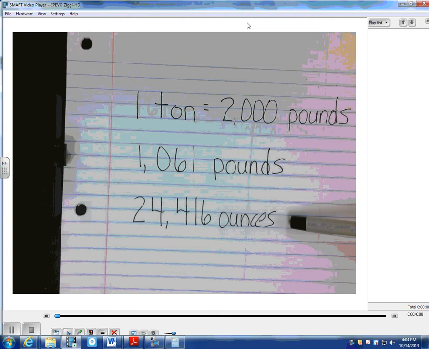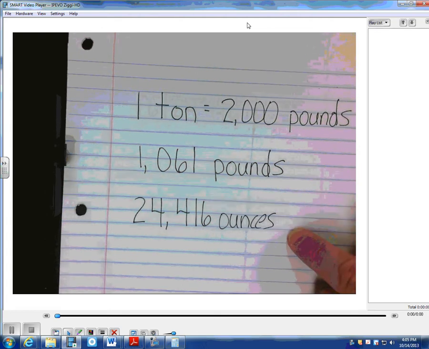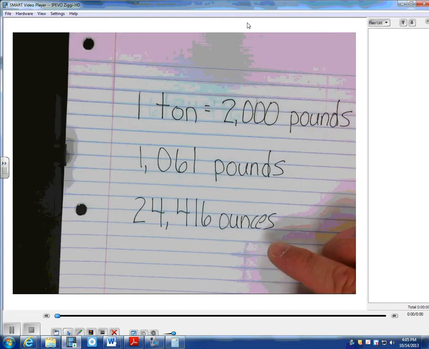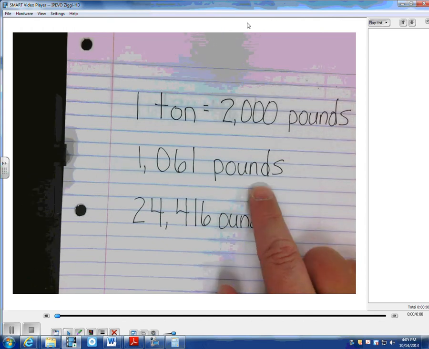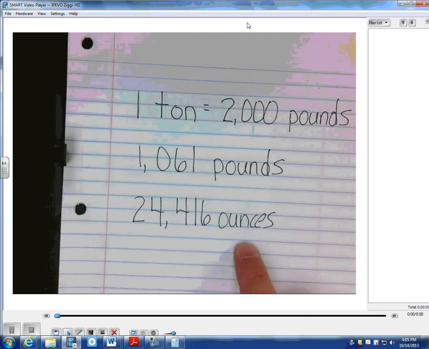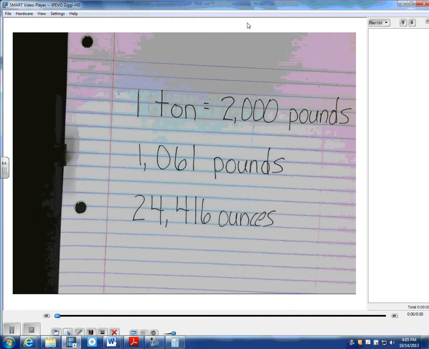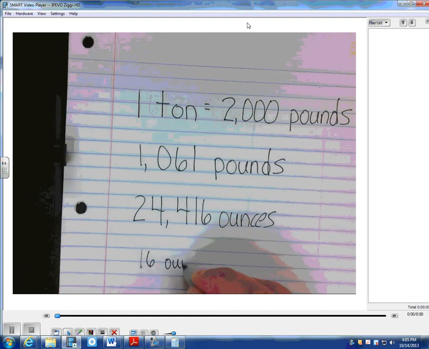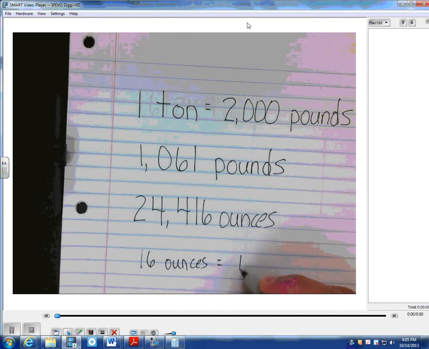24,416 ounces. Okay, so here's the problem when we're comparing these 3. We have to have the same unit of measurement for each one. This is in pounds, this one's in pounds, but this one's in ounces. So we have to make this into pounds. And I know that 16 ounces equals 1 pound.